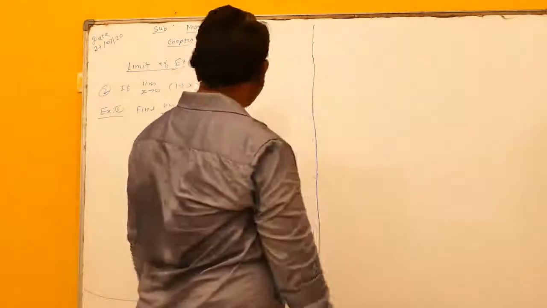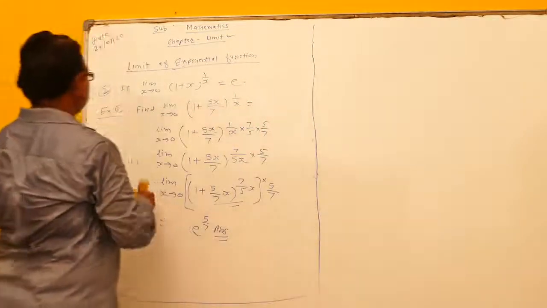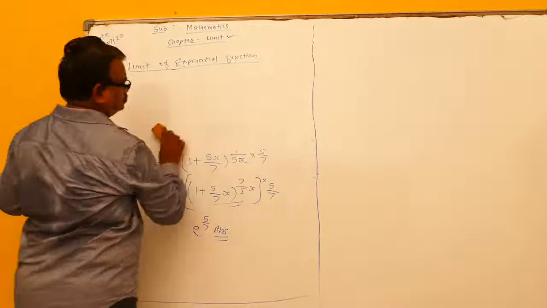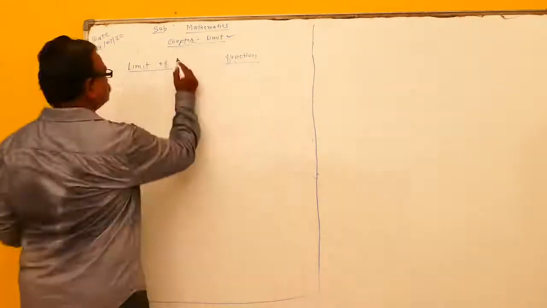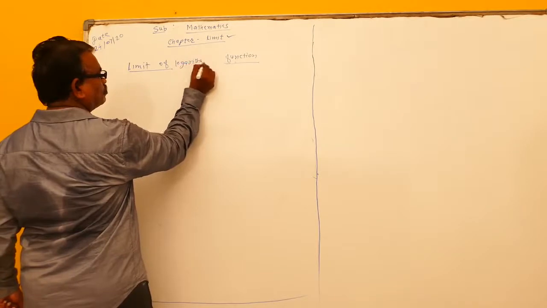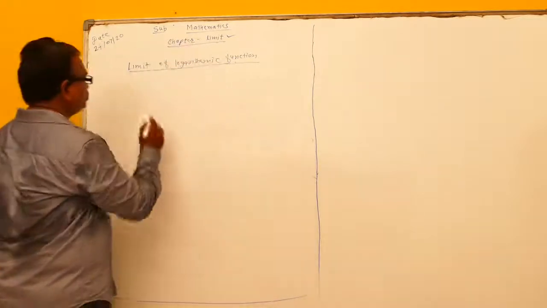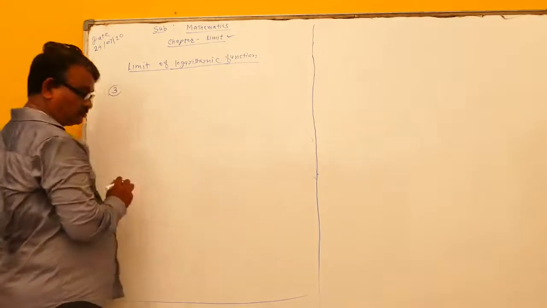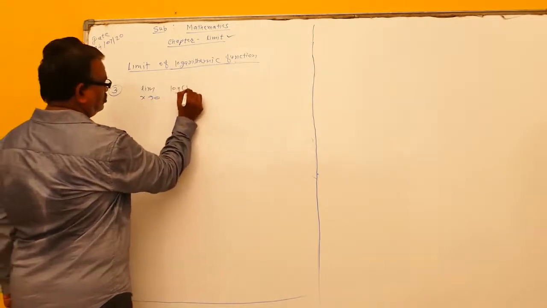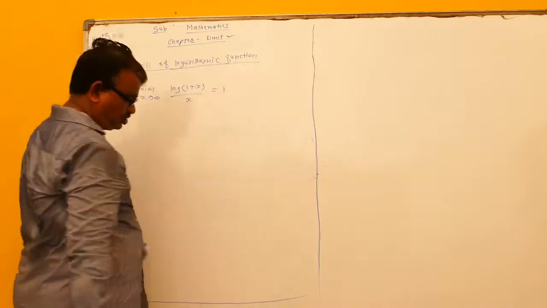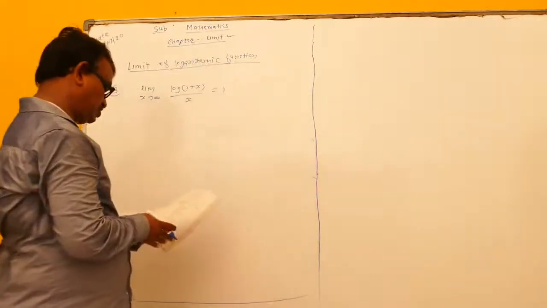Now the last one is the logarithmic function. The third formula for this: limit of x tends to 0, log of 1 plus x divided by x is equal to 1. We will take an example on this.